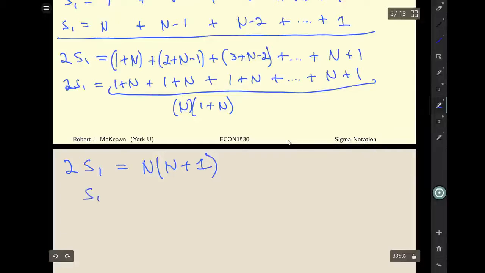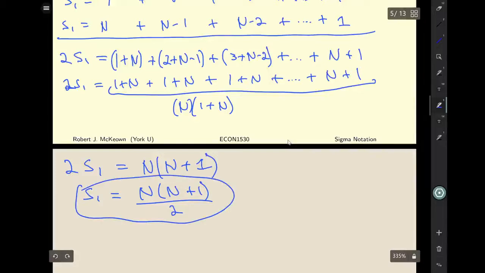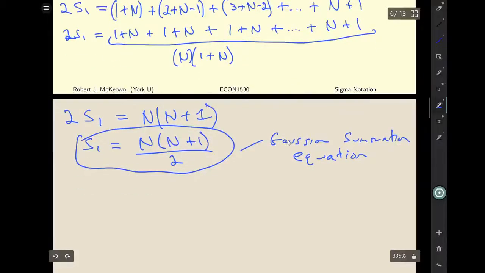Then if I solve for the series, I've got N times N plus 1 over 2. And there is my Gaussian summation equation. Like so.